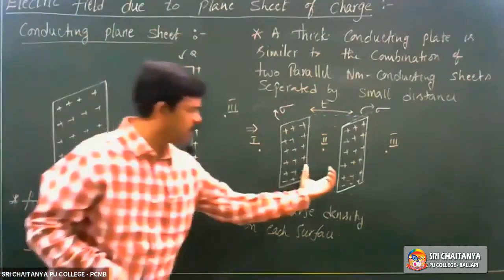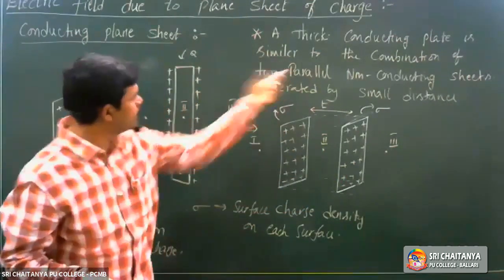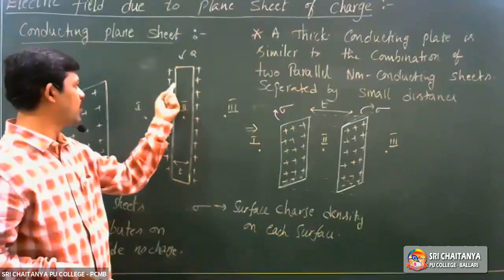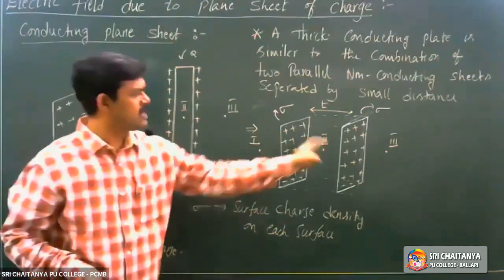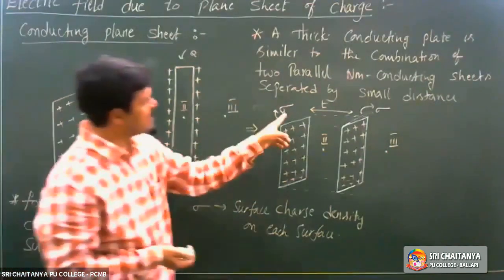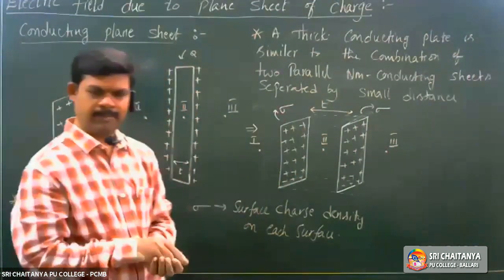For our convenience we are showing it like this. As I told you, a thick conducting plate is a combination of two non-conducting sheets separated by the thickness distance, so the charge density on both plates is the same.